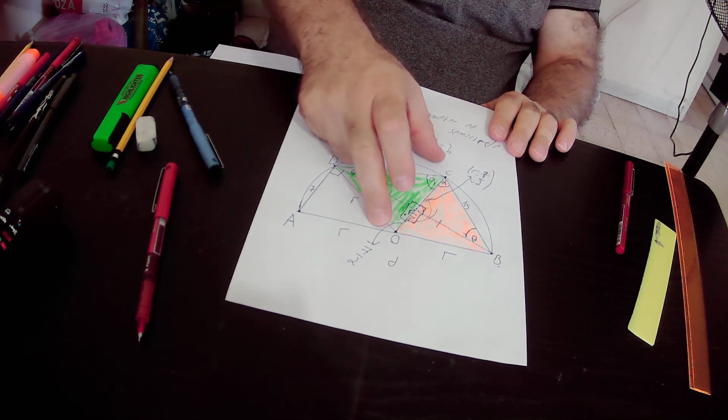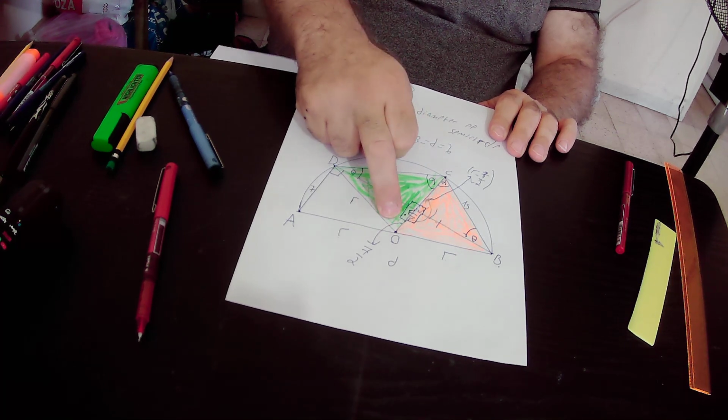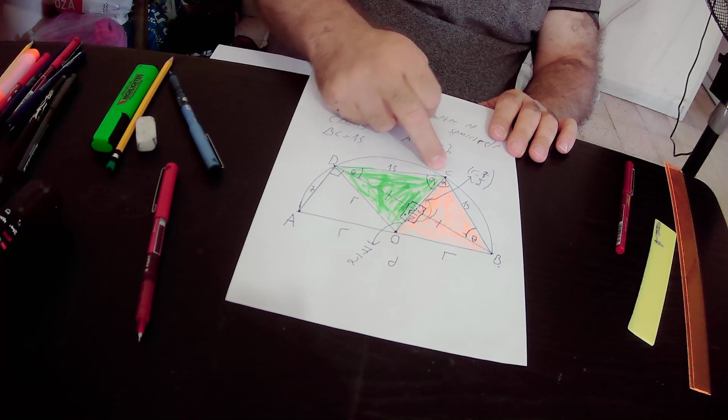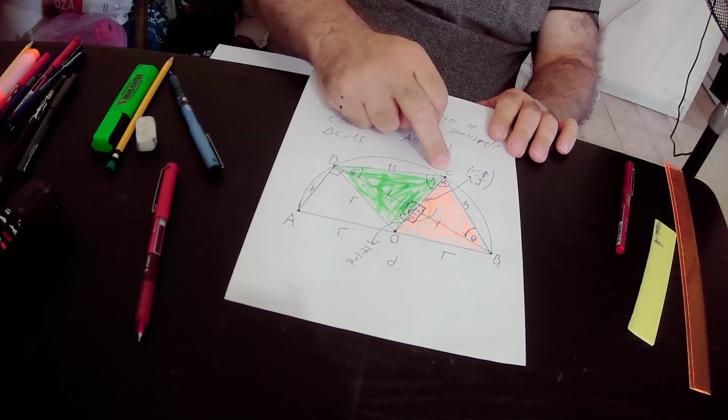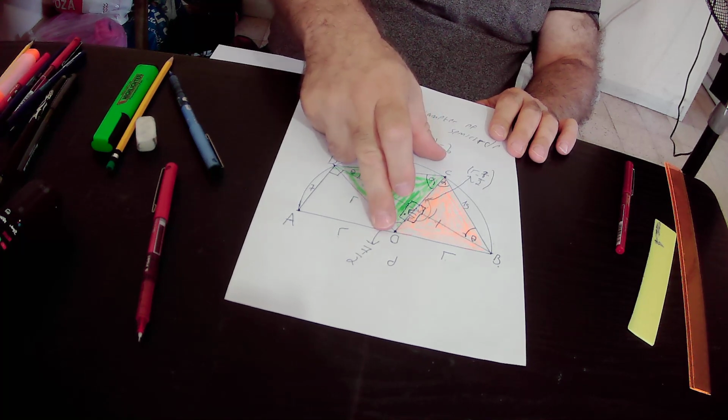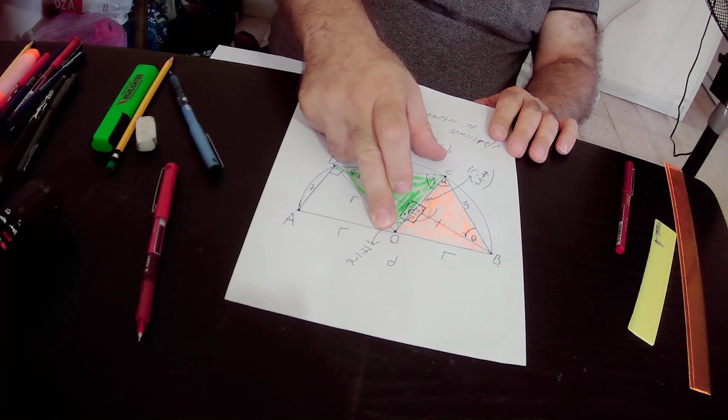And we know that OC is the radius of the circle, because O is the center of the semicircle, and C is a point on the circle itself. So OC is the radius of the circle, therefore OC is a straight line.